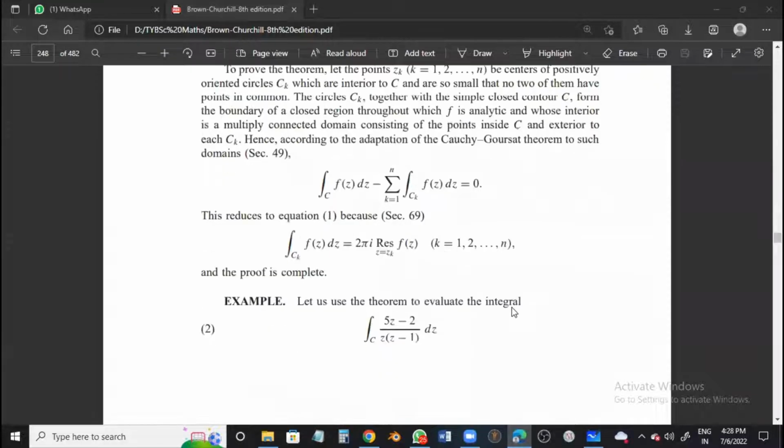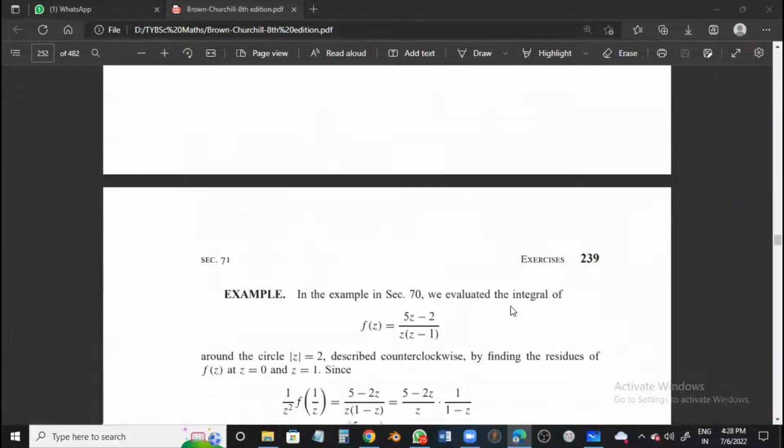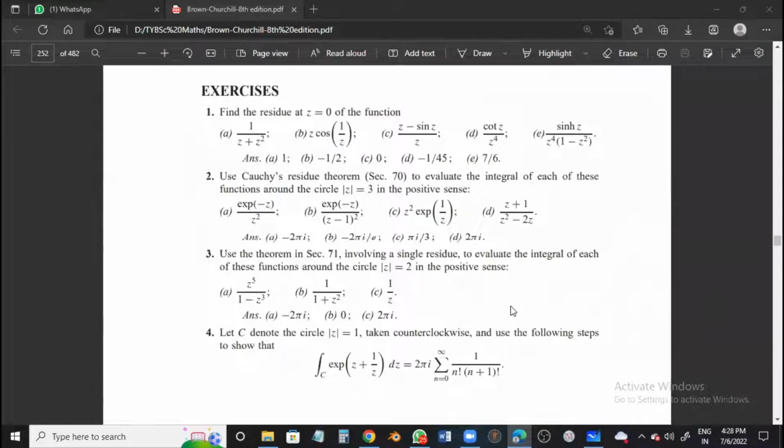So let us continue with a few problems based on Cauchy's residue theorem.